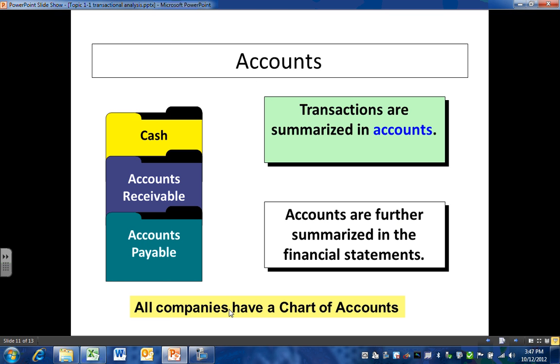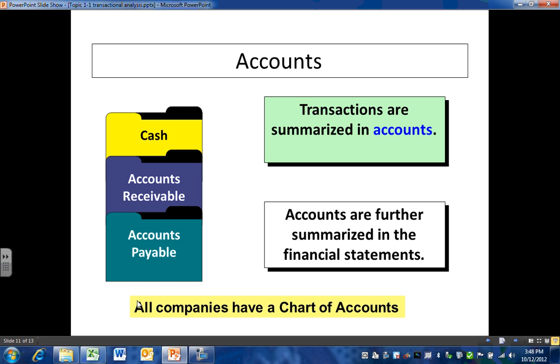So what are accounts? Well, you've probably seen many accounts in your earlier accounting class. For assets, we have things like cash, accounts receivable, accounts payable. Individual transactions are categorized and placed into these accounts. We keep a balance in the ledger.